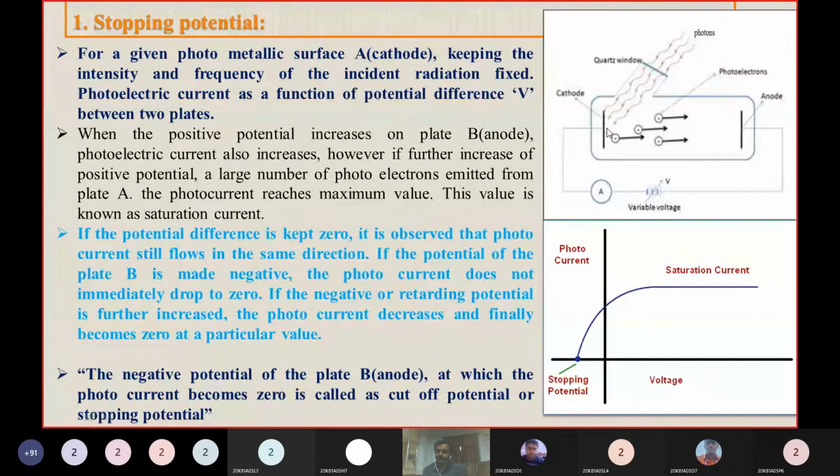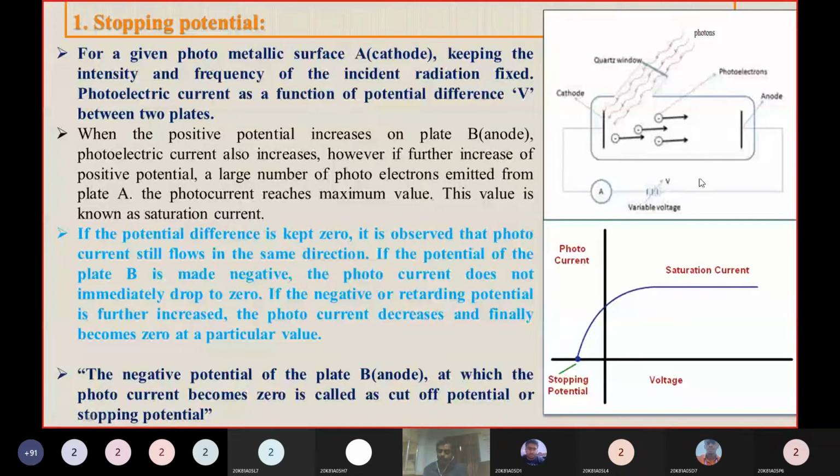That energy is supplied to and absorbed by the electron. Some energy is used as the work function, and the remaining energy is converted into kinetic energy. Because the electron has kinetic energy, it has some speed, so these electrons reach this plate.